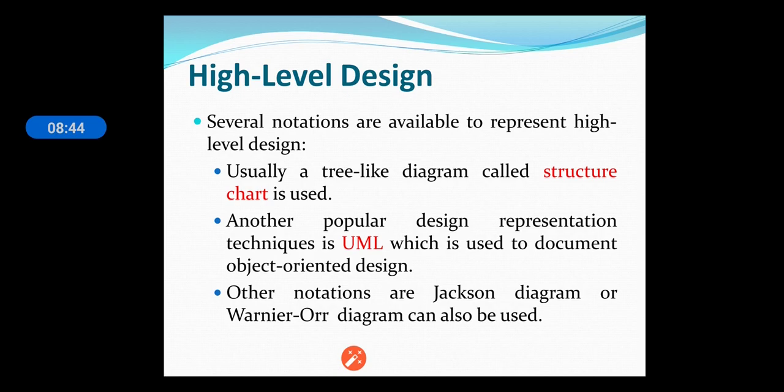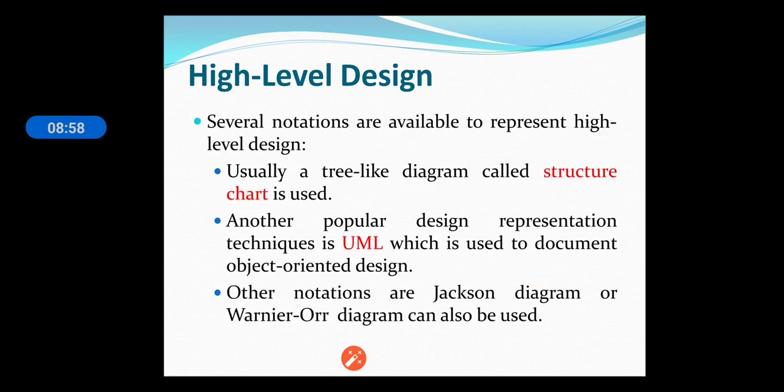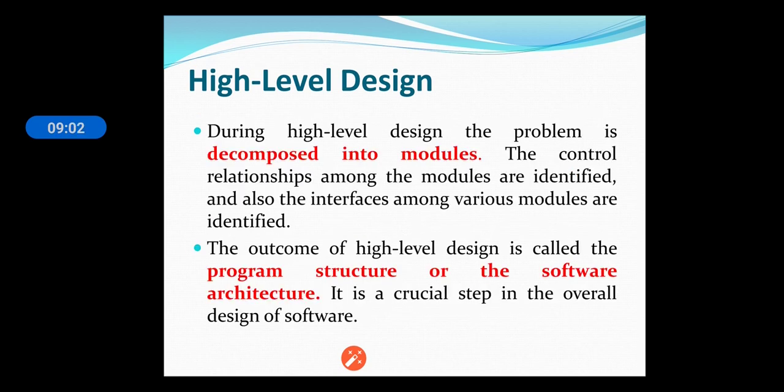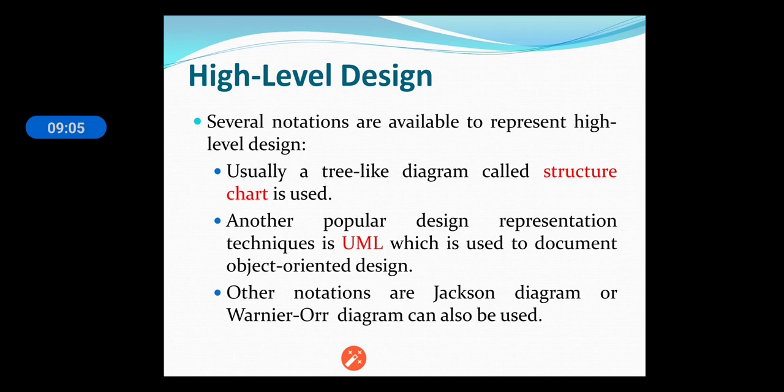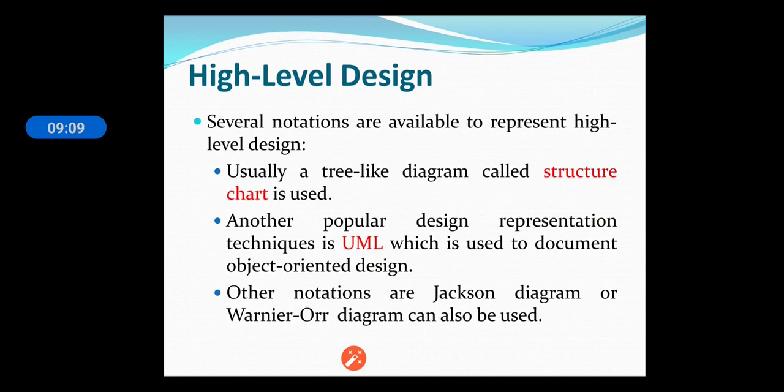Now let us see some of the notations which are used to represent high level design. As I already said, the structure chart is used to represent this program structure or software architecture. That is the very basic notation used for representing the software architecture. Among several notations, the first one is usually a tree like diagram called a structure chart.